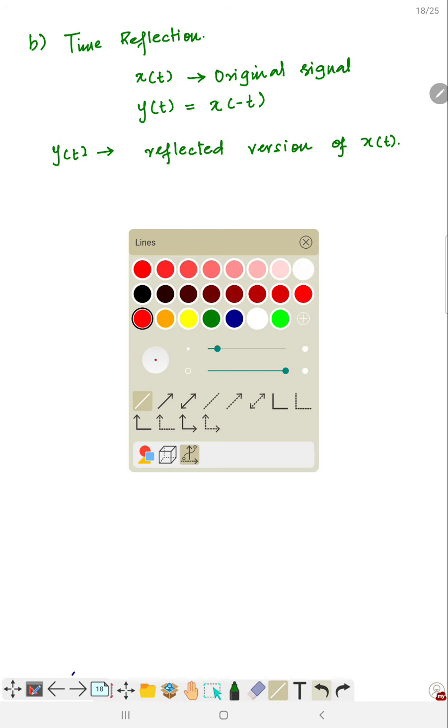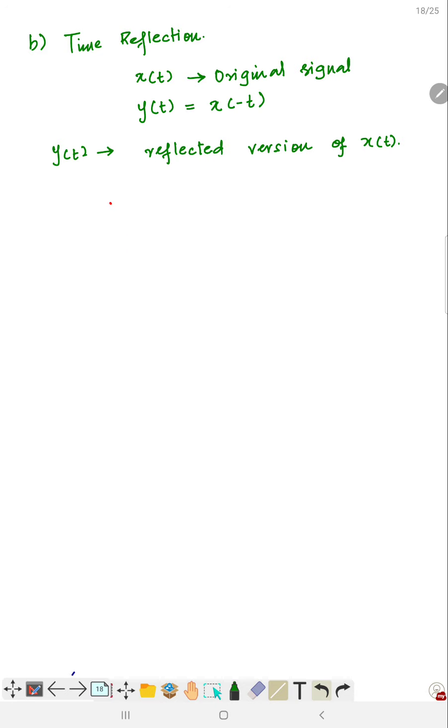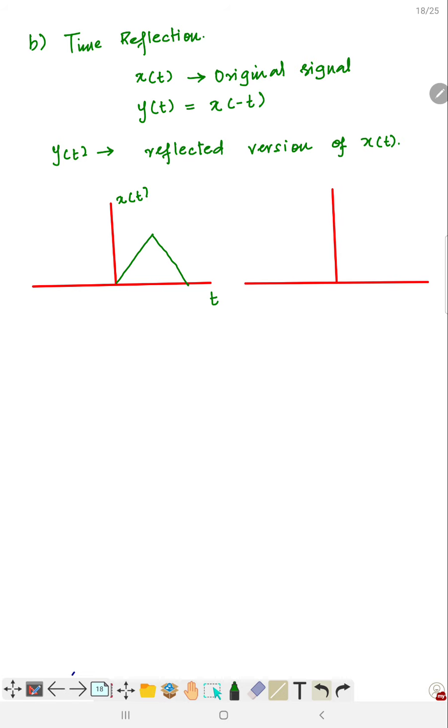Okay, so graphically it will be a simple thing. If I have a simple waveform, this is my time axis, this is my amplitude axis. Suppose I have a waveform which is defined for positive time, something like this. Then when we perform time reflection, the change that you will observe is that your waveform will be reflected.